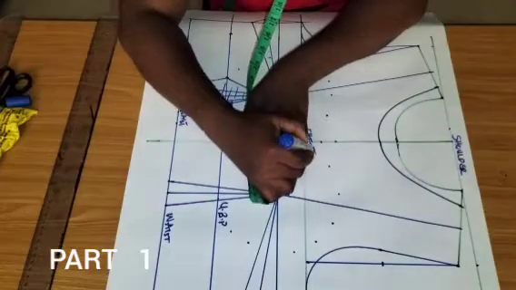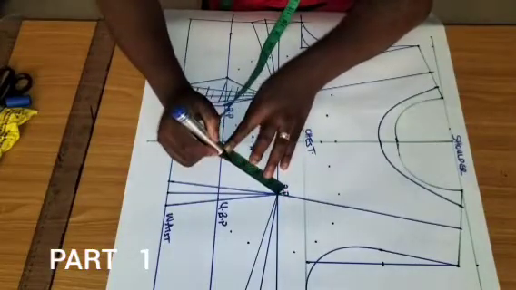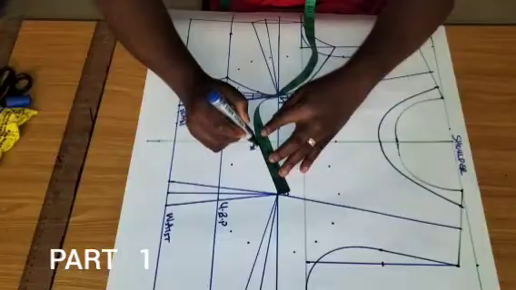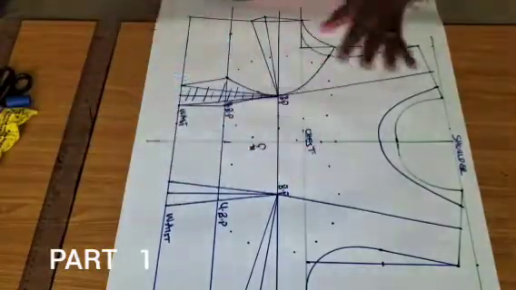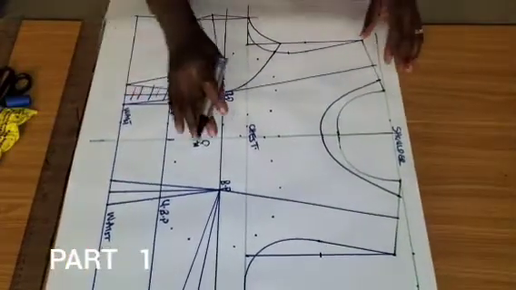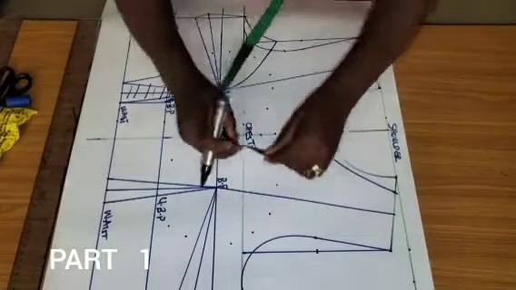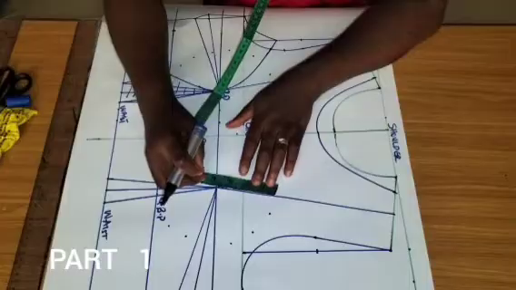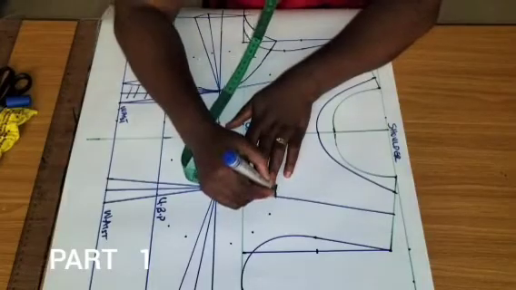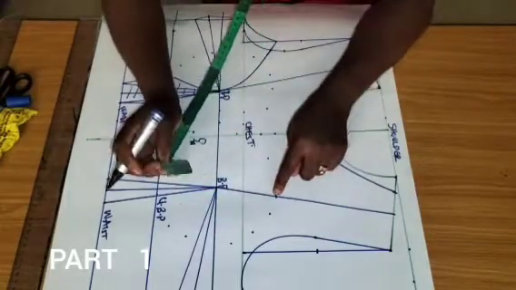So the bust radius has been taken all around. That means that on this line, I'm going to take my bust radius to determine the length of my neckline line. So this is what I have right here.